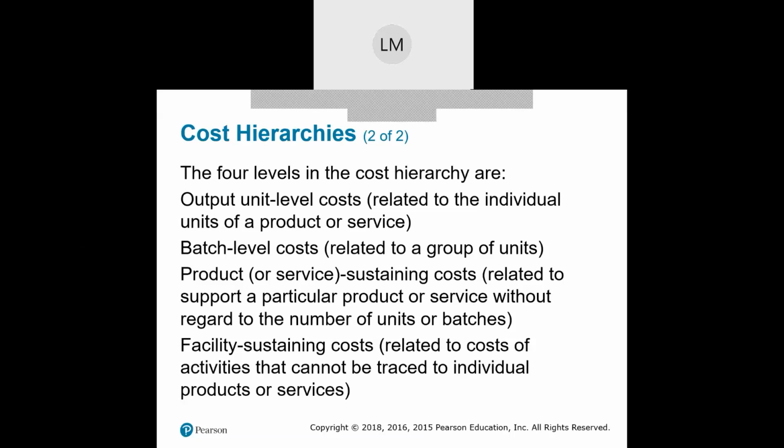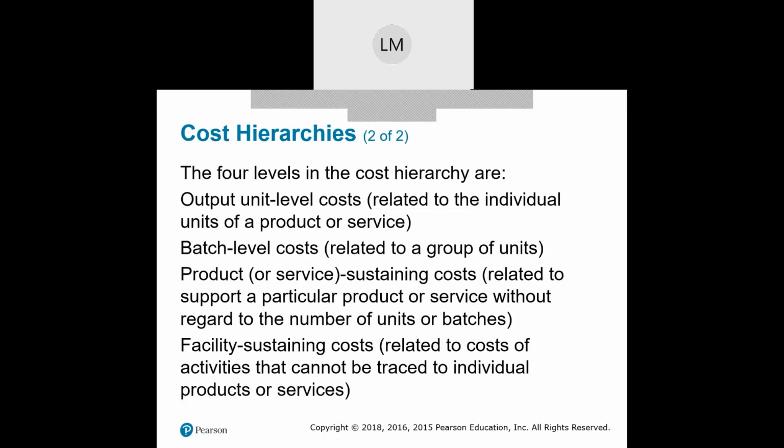Product cost or service sustaining costs. They talk about their support for a particular product or service without regard to the number of units or batches. And this could be design costs associated with making a certain product. It can be marketing costs associated with the product.